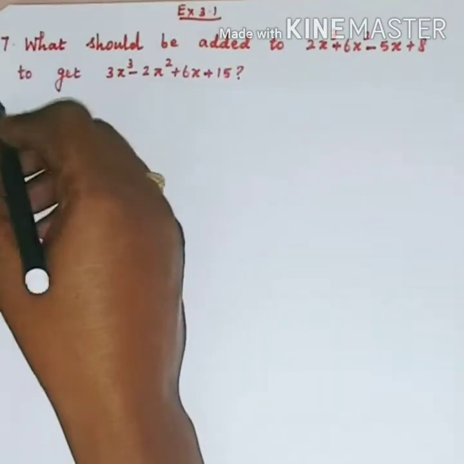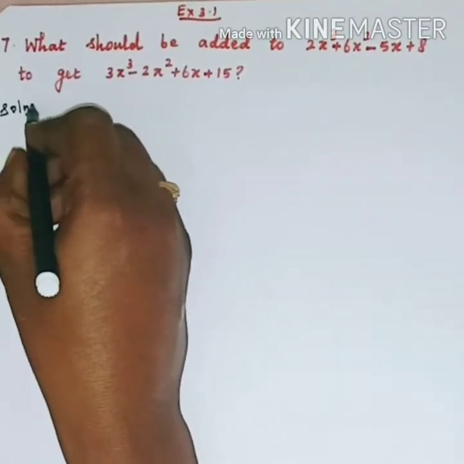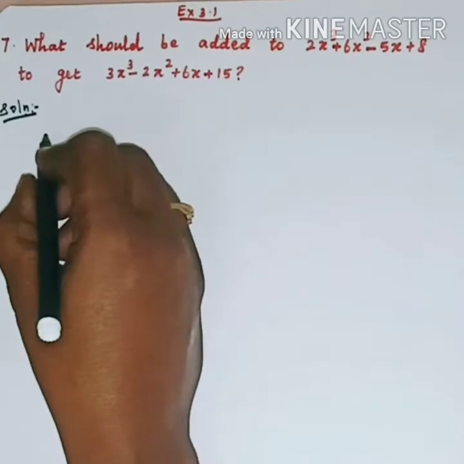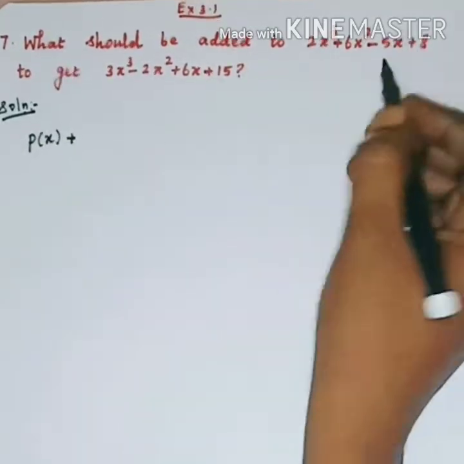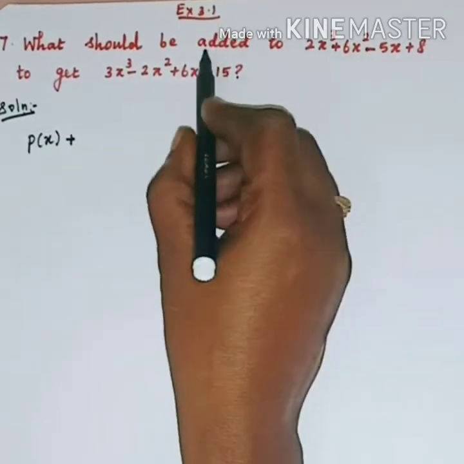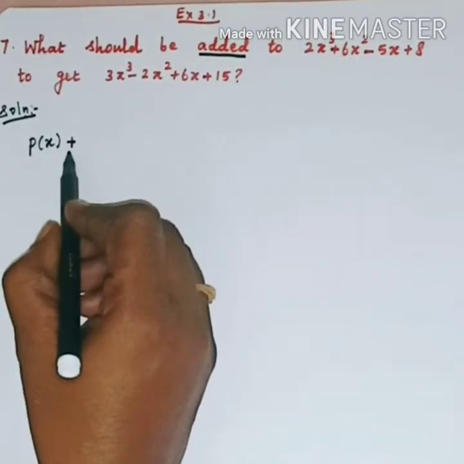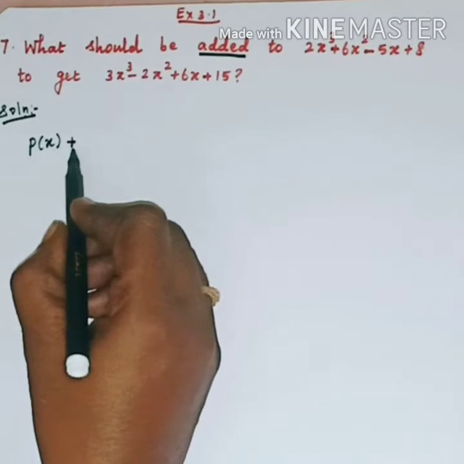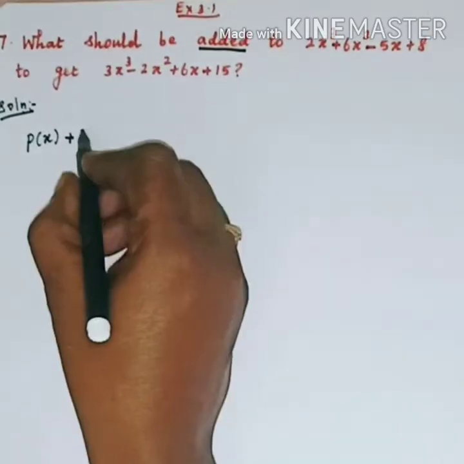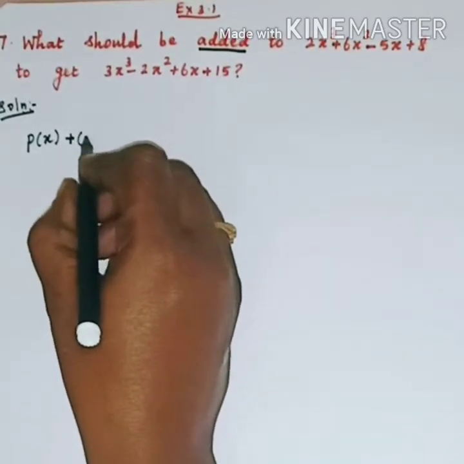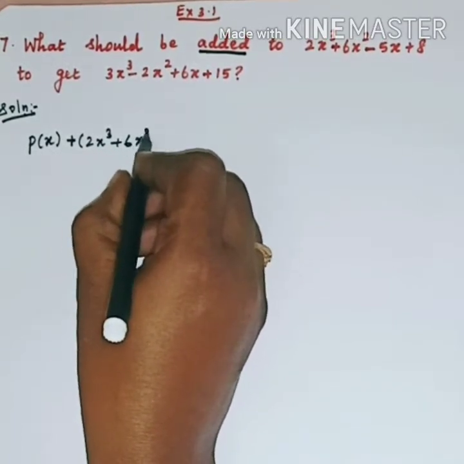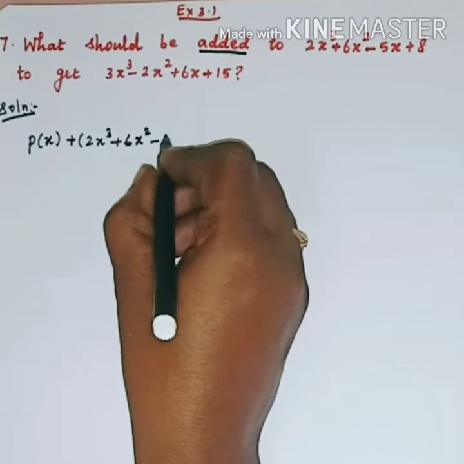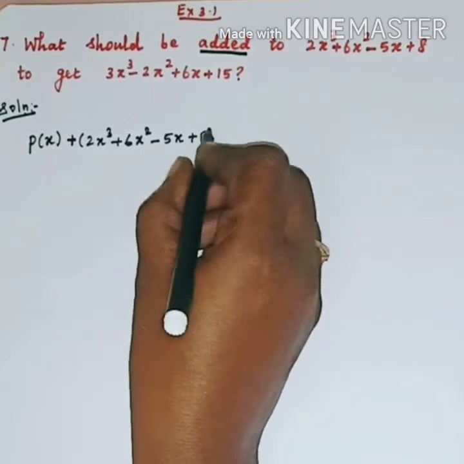The solution is, take that polynomial as p of x. So, p of x is added to this expression. They have given "added", so put the plus symbol here. Plus the expression 2x cube plus 6x square minus 5x plus 8.